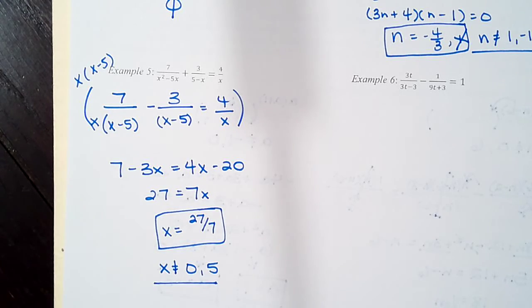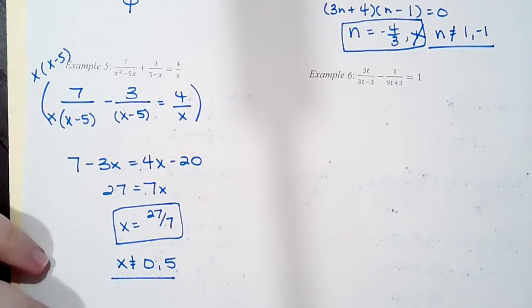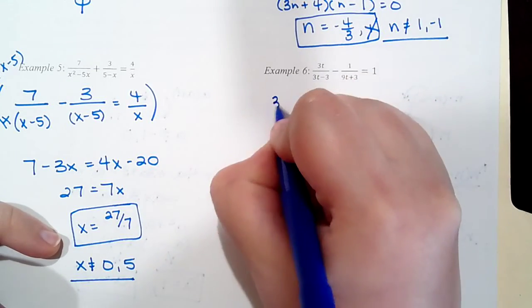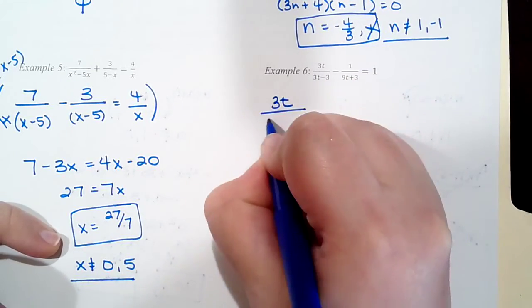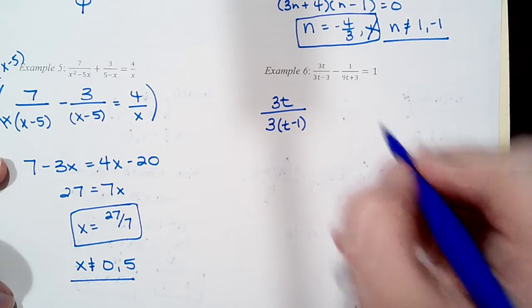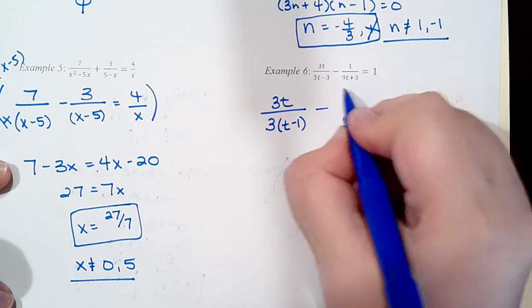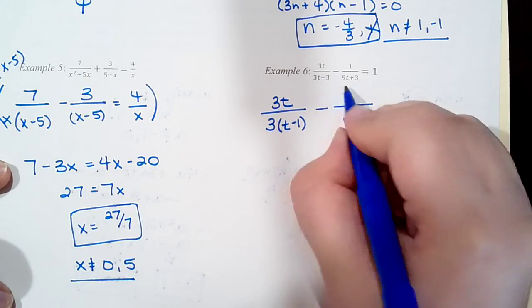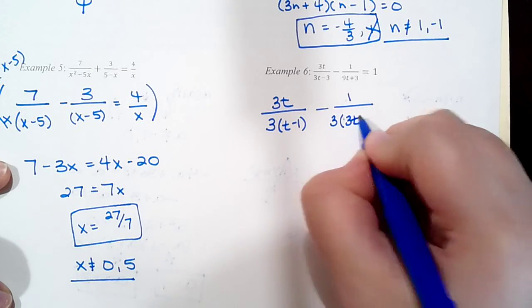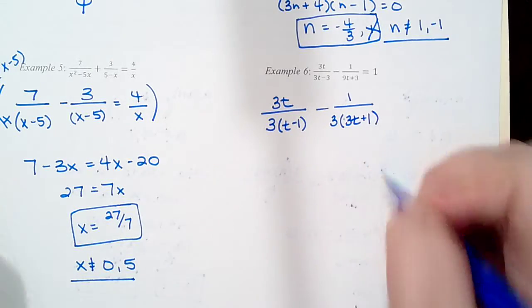All right, makes me sad, but we are on that last one. Let's rock it together. Same thing, let's simplify: 3t over 3 outside of t minus 1 minus 1 over, when I take a 3, I get 3t plus 1.